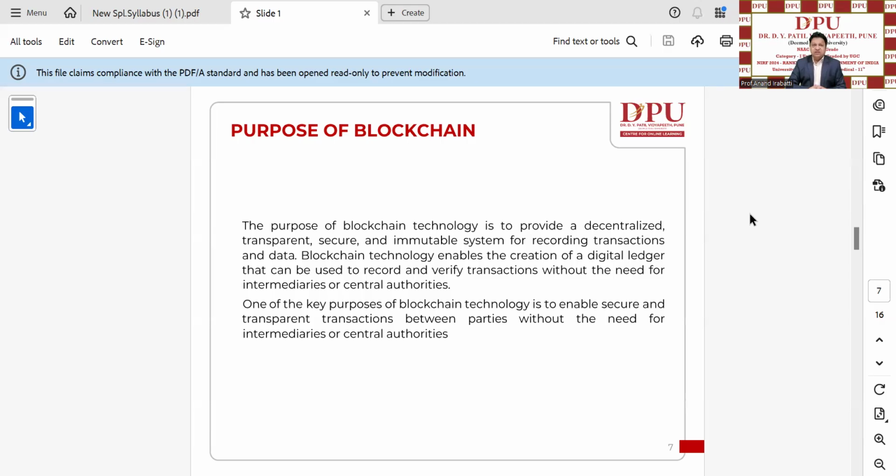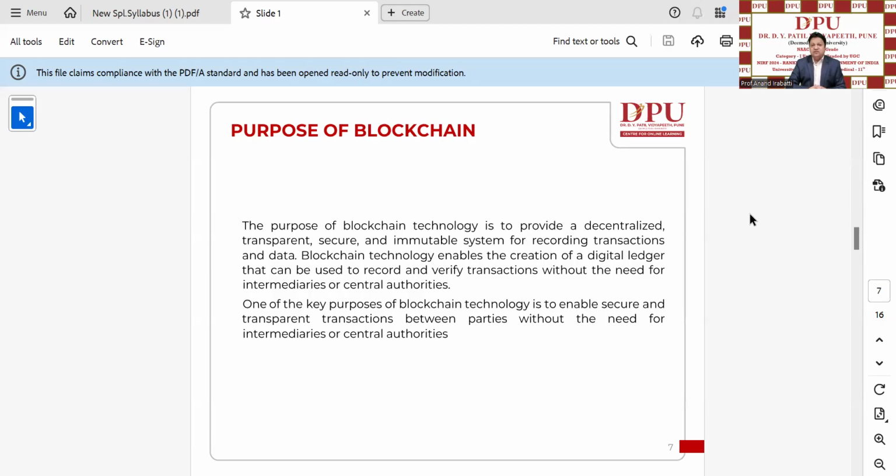And blockchain technology enables the creation of a digital ledger that can be used to record and verify transactions without the need for an intermediary or central authority.